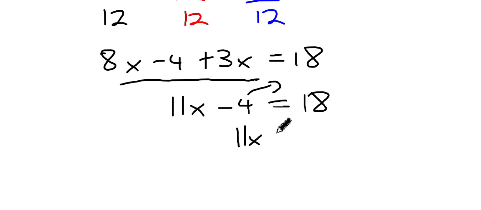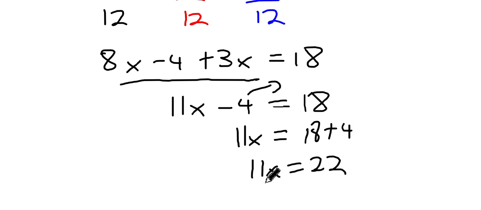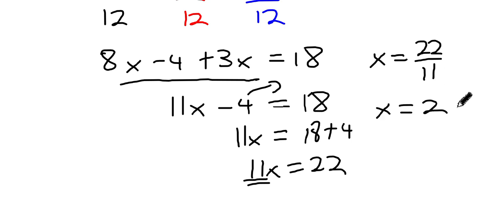Now we get 11x equals 18 plus 4. We got 22. Now, where did the 11 go? Underneath the 22. 22 over 11. x equals 2.